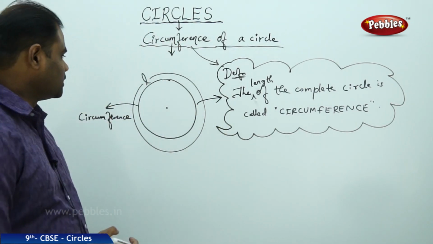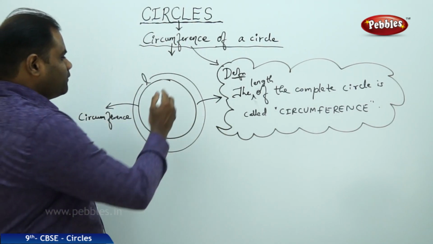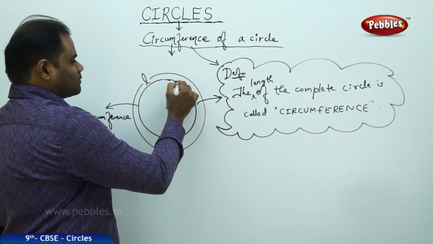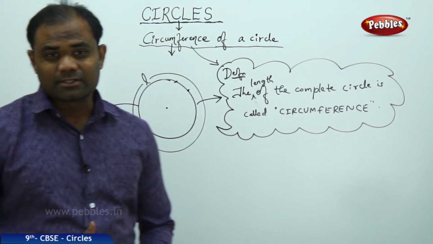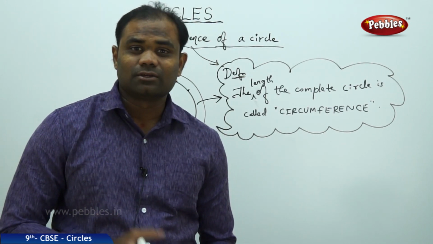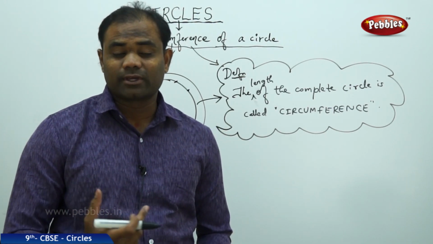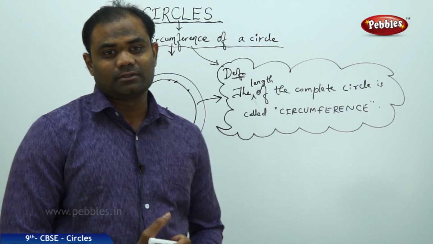And interestingly, we see that for every arc length, which are of different sizes, a circumference is the highest arc length for the given circle, or the longest arc length for the given circle.